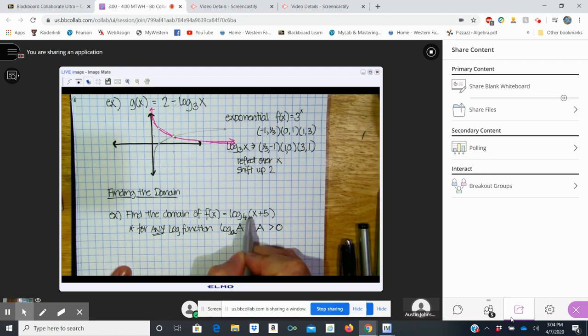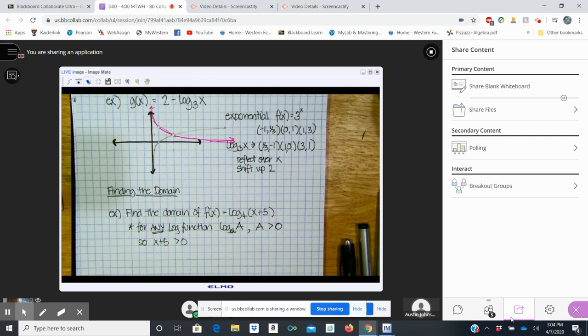That means that in this case of f of x, this x plus 5 must be greater than 0. And thus x has to be greater than negative 5.